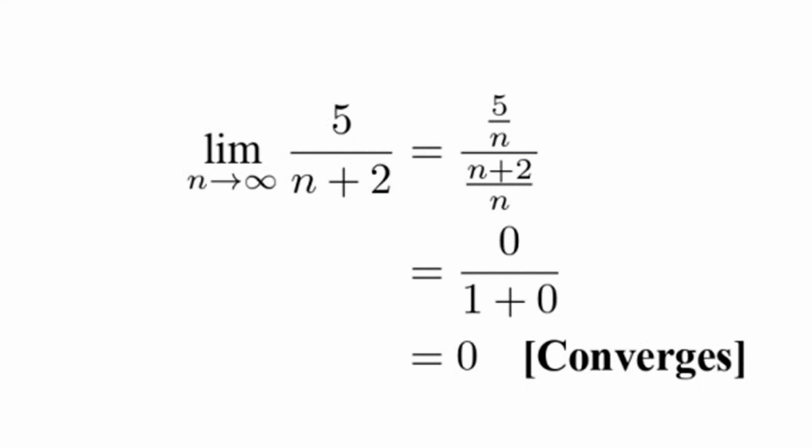So the equation will be 5 over n over n plus 2 over n, and then 5 over n, the limit as n approaches infinity, is 0, and then 2 over n is also 0, so the denominator is 1 plus 0, which is equal to 1.